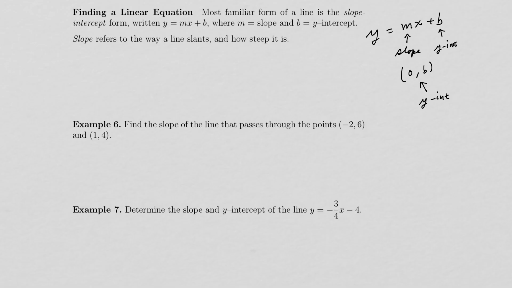Okay, remember what slope means, right? It refers to how slanted the line is. So if we have something like this, where the line is doing something like that, then this represents a positive slope, right? So if you read the graph from left to right and it's going up, it's slanting upward, this is a positive slope.